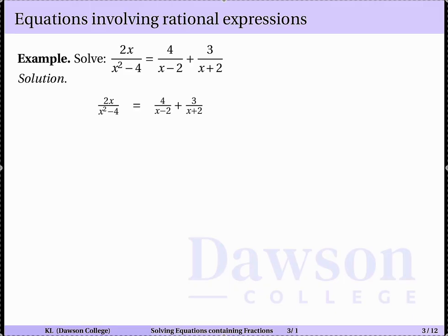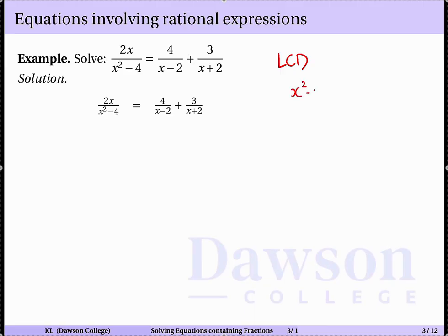Now, we look at the denominators. We have this denominator, x squared minus 4, and then we have this denominator, x minus 2, and then this denominator, x plus 2. To get the LCD, we consider all the factored form of the denominators that we see.